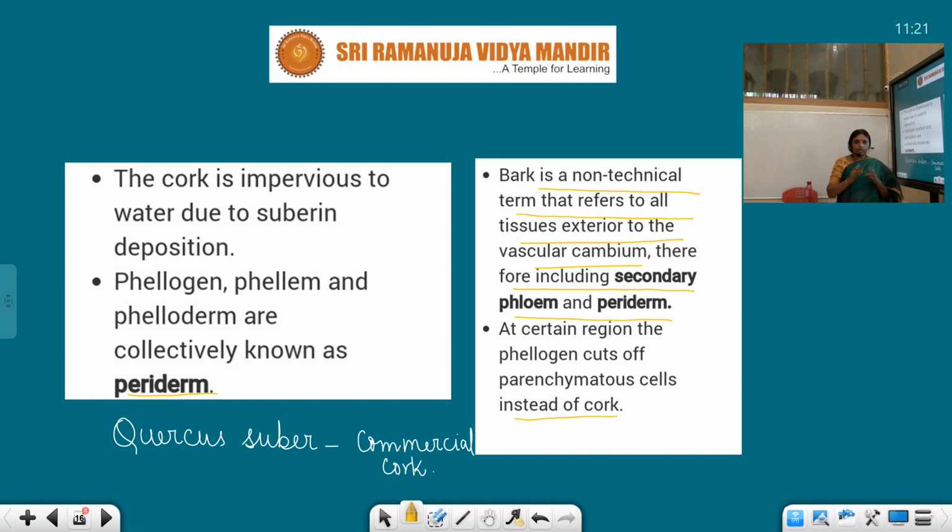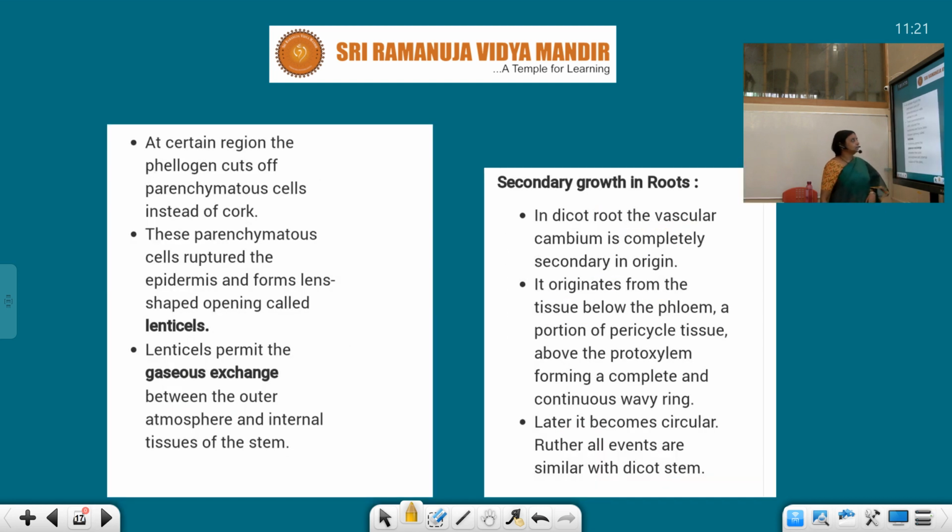So some cells cut off there in the periderm region, at the place of bark, become thin-walled, small parenchymatous cells, and these cells are known as lenticels. They help in gaseous exchange and transpiration. So lenticular transpiration takes place through the lenticels.